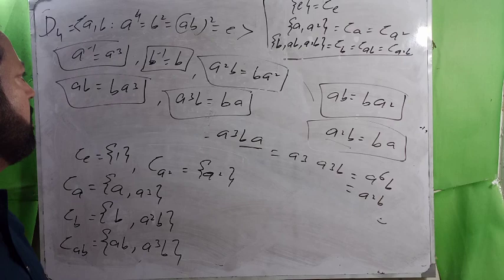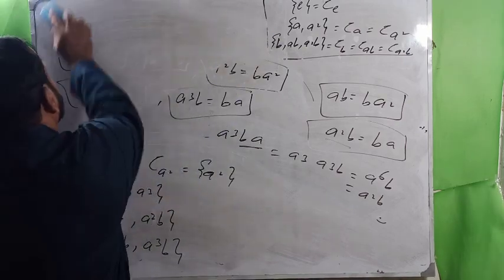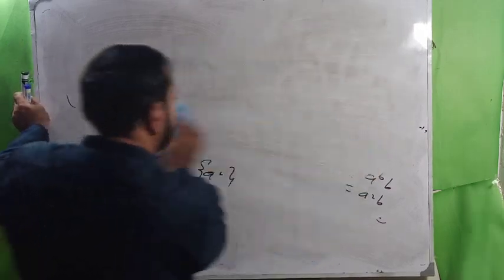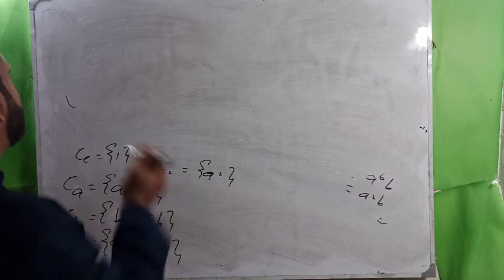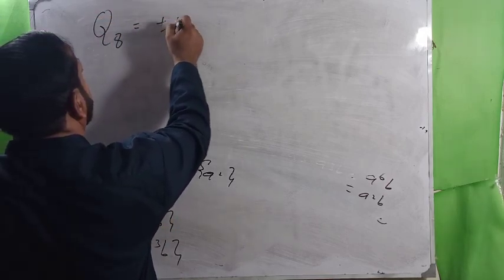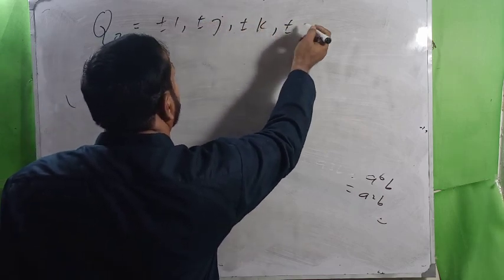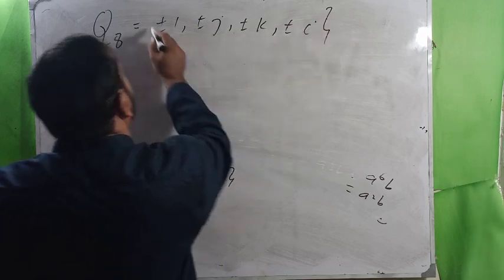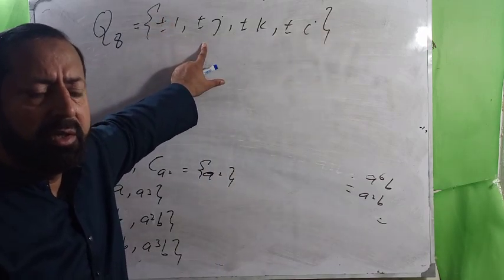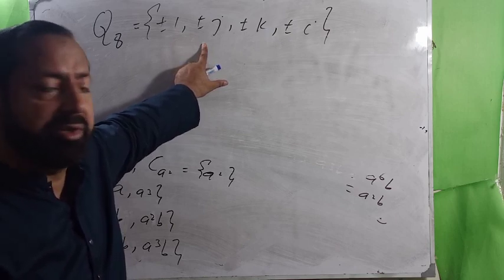Similarly, you can find conjugacy classes for Q8. And you know what is Q8? Q8 is equal to plus minus 1, plus minus i, plus minus j, plus minus k. So this is of course a non-abelian group, and this group also has five conjugacy classes.